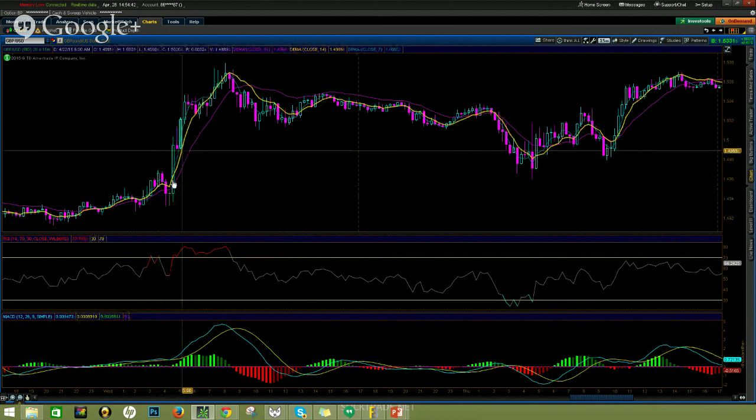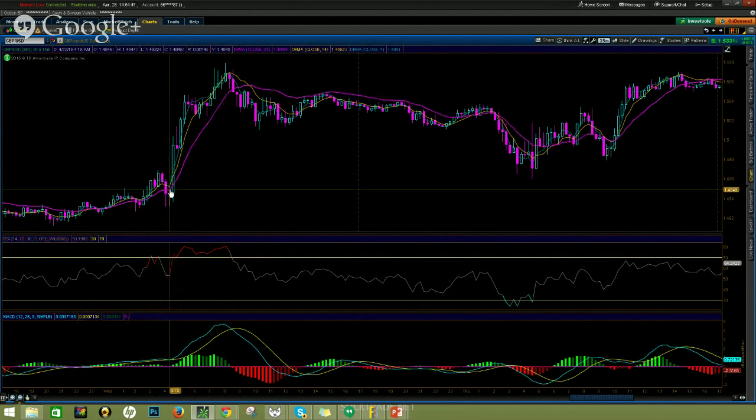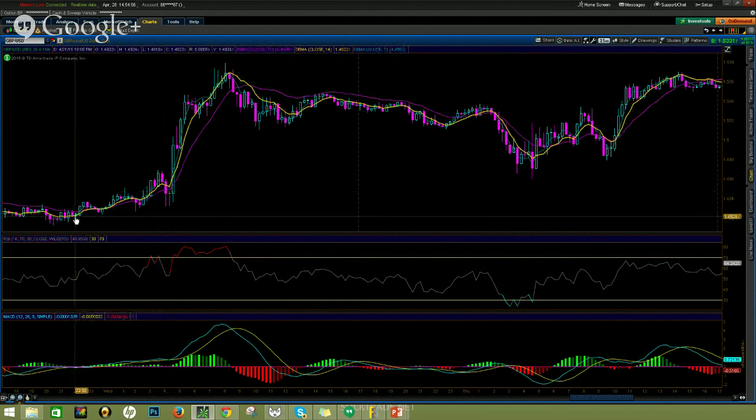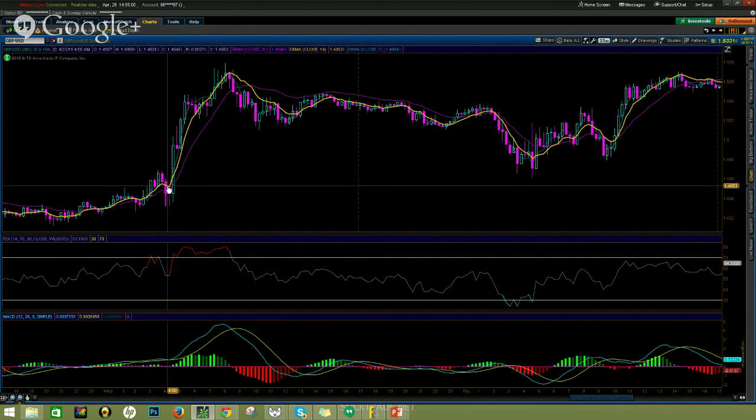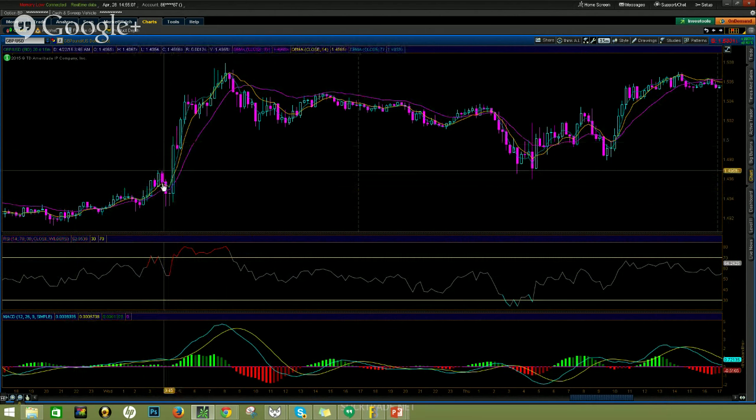Here we have a strong trend up. You could have been in a Forex trade. Actually, if I was awake, I probably would have entered the buy here. But if you saw it happen here, you could have entered a buy position on Forex.